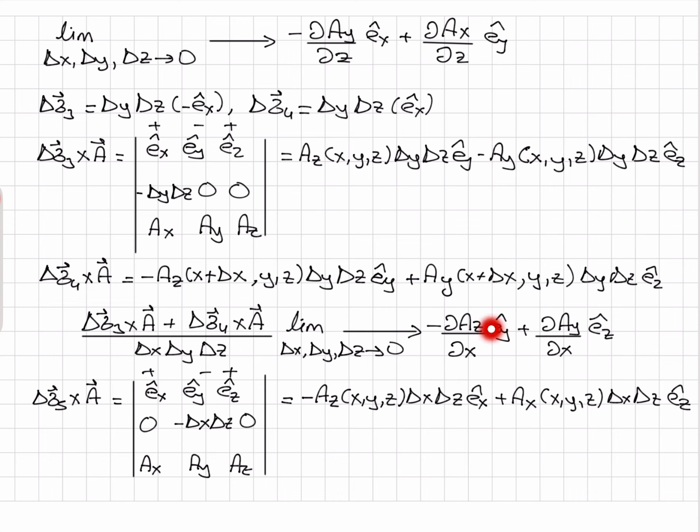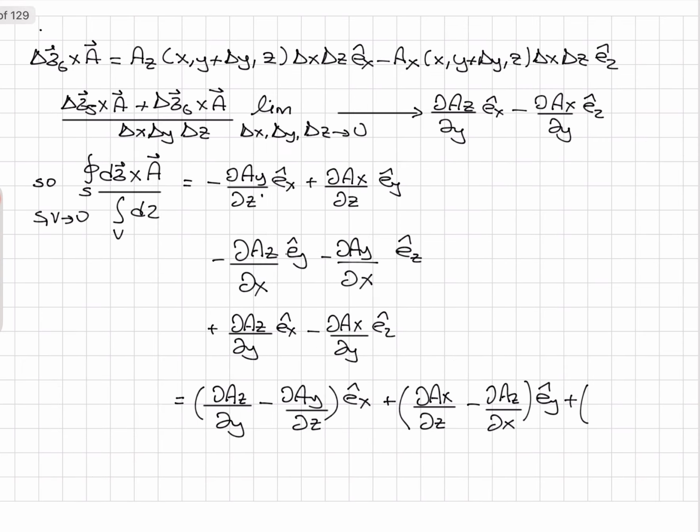Here minus del Az del x for the y component, plus del Ay del x for the z component. Where is the plus del Ay del x ez hat? That must be here, so this is wrong. Del Ay del x ez hat and minus del Ax del y ez hat.